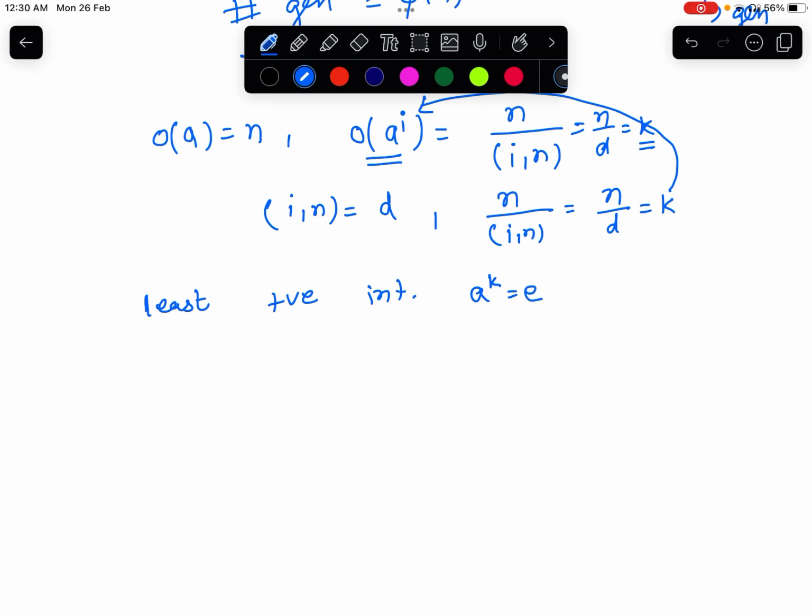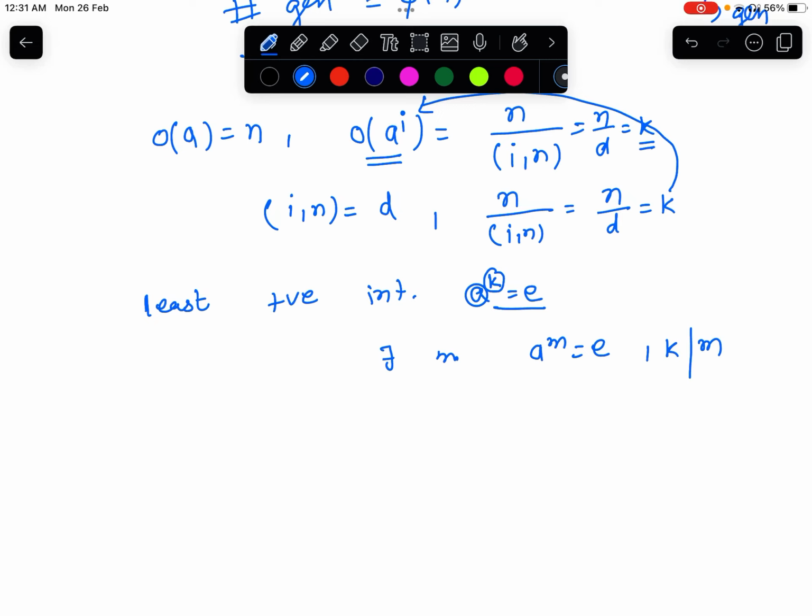This k is least positive integer such that when we operate a k times, then it will be equal to identity. Least positive integer means if there exists another integer m such that a to the power m is equal to e, then k will divide m.